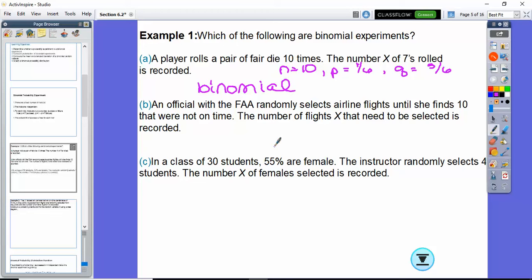So it could have been my first 10 were not on time, or I might have to find 20 flights or 30 flights or 40 flights or 50 flights. Do I know when she will get to stop? No. So this is not a binomial, because we do not have a fixed number of trials.